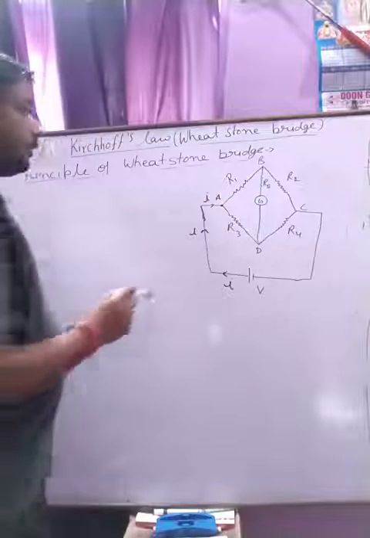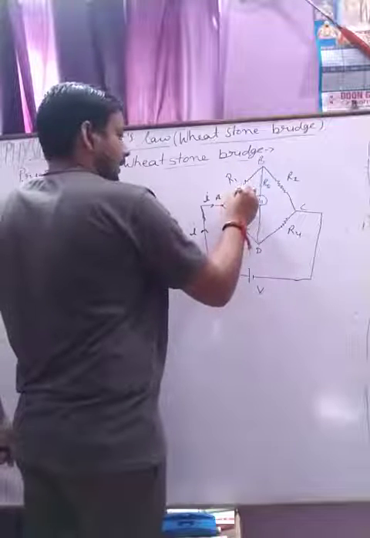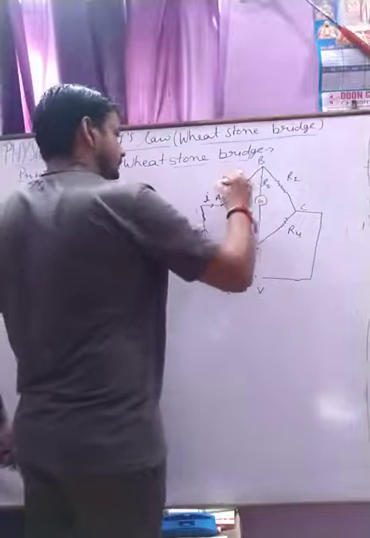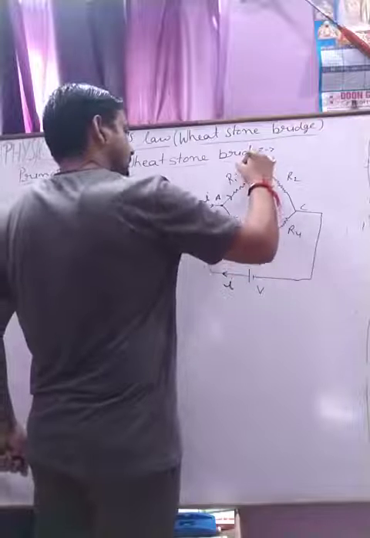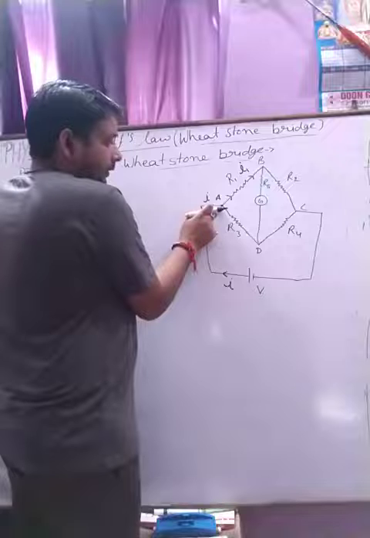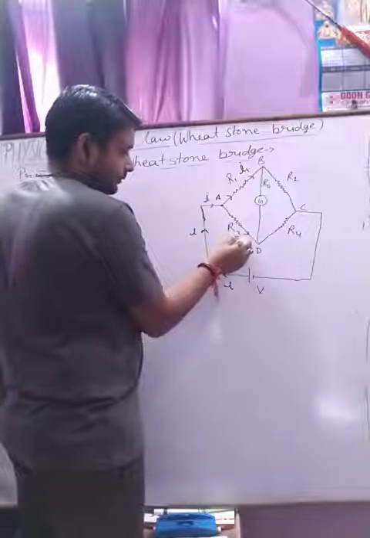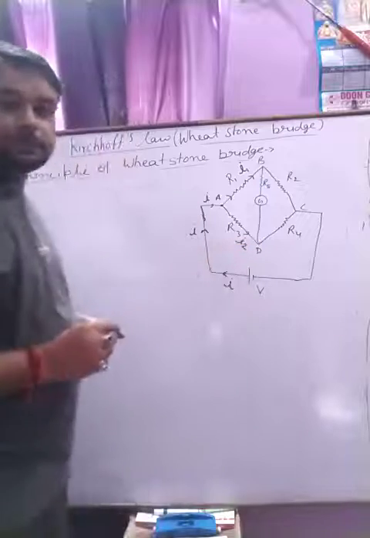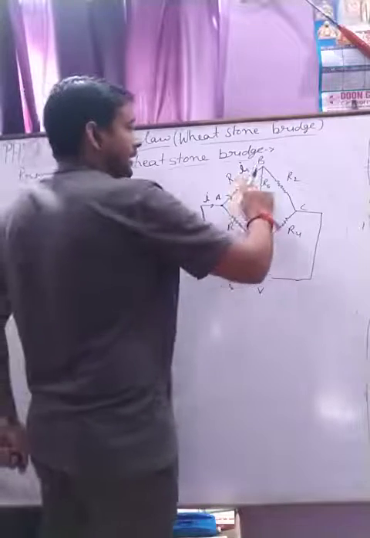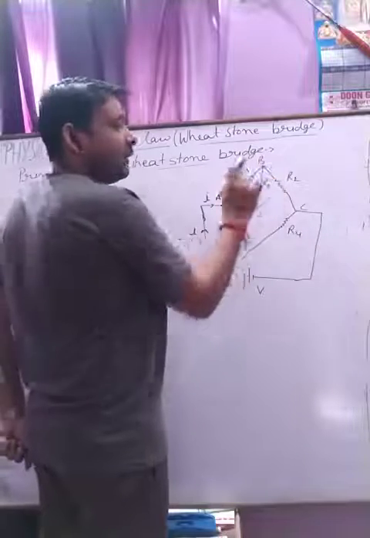Okay, for branch A to B, I1, for branch A to D, I2, and when the current reaches point B, it will distribute in two parts.